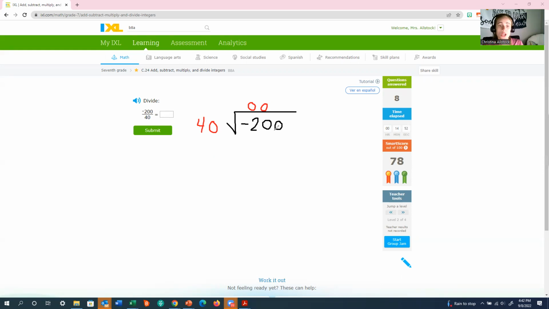If this is something that you know off the top of your head, awesome. If not, then remember there are two different strategies for when you get large numbers in your dividing. One strategy is just trying out different times tables. So for example, saying, okay, well, I'm just going to start off with 40 times 5 because that's right in the middle and see how close that gets me to 200. 5 times 0 is 0. 5 times 4, oh, looky there, it just happens to be 200.